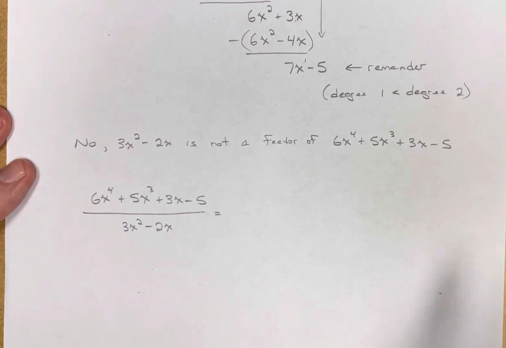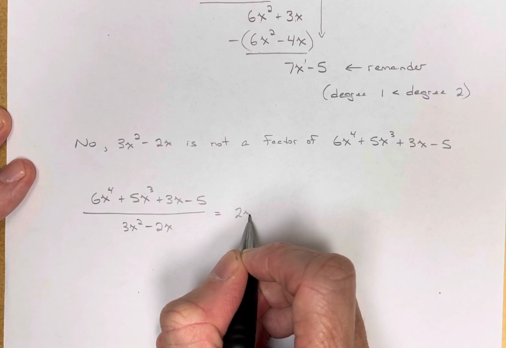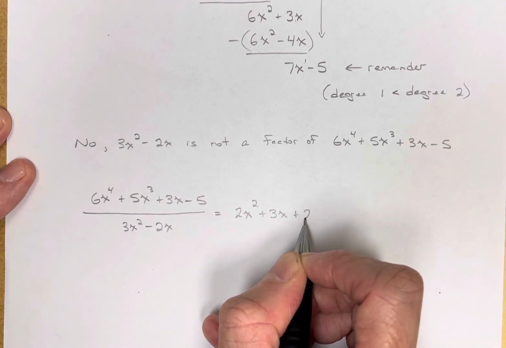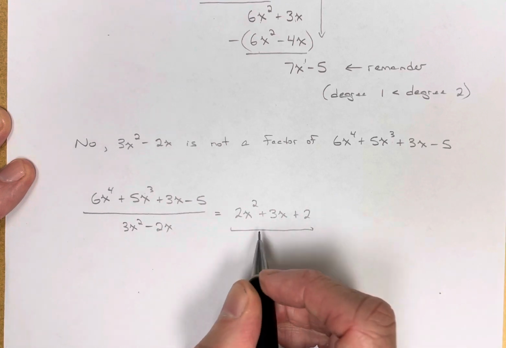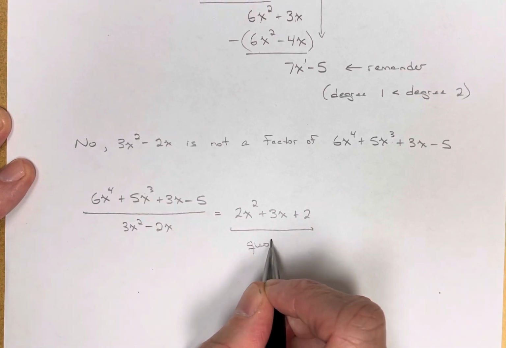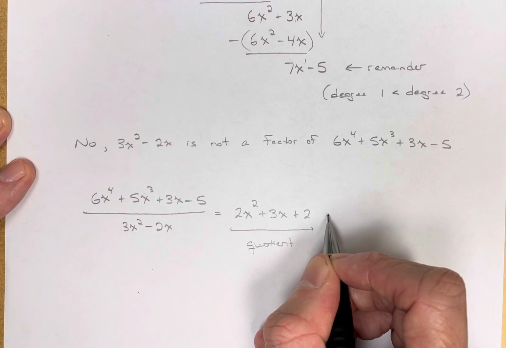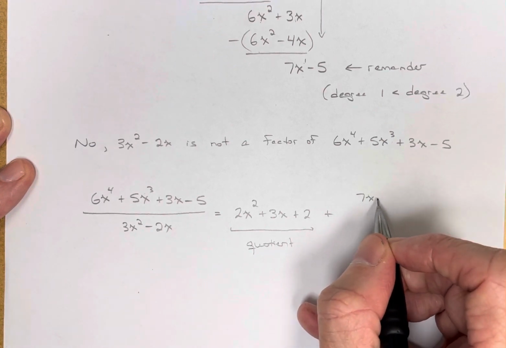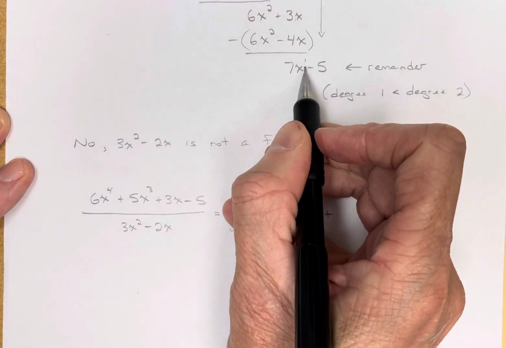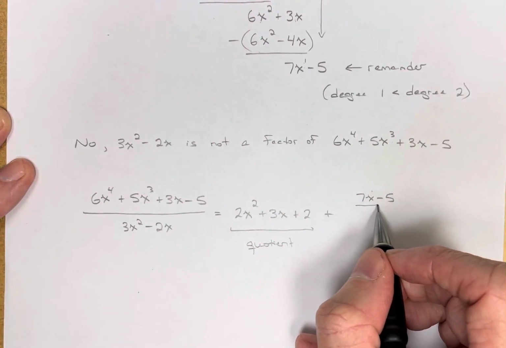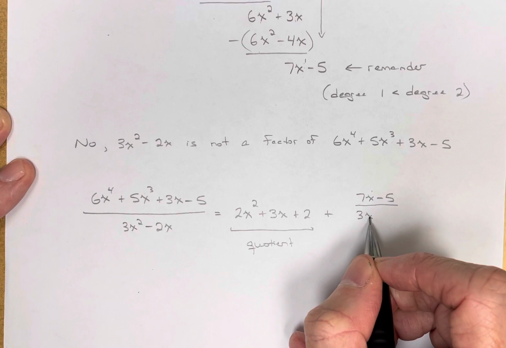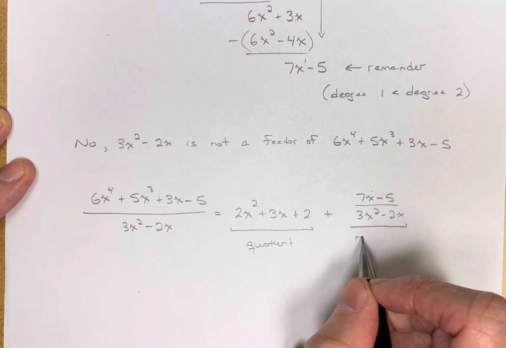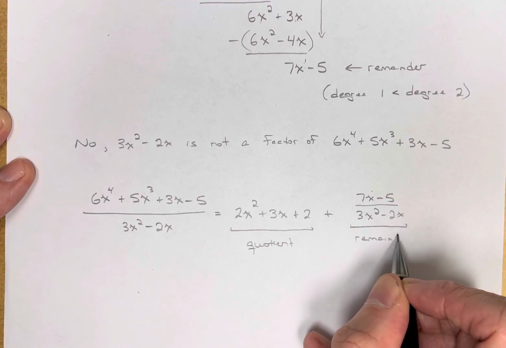So I'm going to rewrite that down here. The quotient is 2x squared plus 3x plus 2. And again, this is our quotient. And we got a remainder, and the remainder is 7x minus 5 over the divisor, which is 3x squared minus 2x.